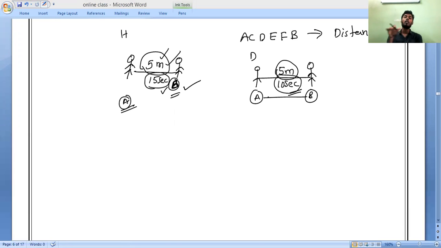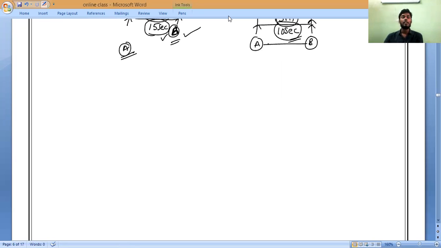Here we are not talking about any kind of direction, so that is the reason I am saying it is distance. Is it a scalar quantity or vector quantity? Last class I taught you. Scalar quantity, sir, because we are not talking about direction.